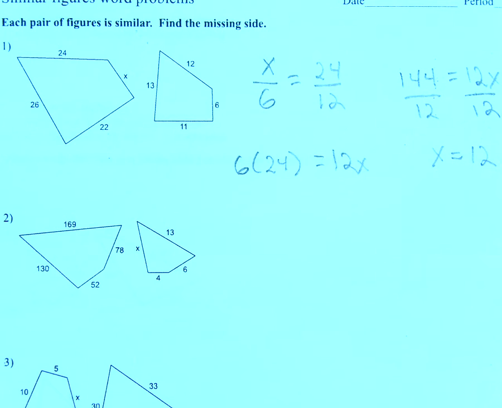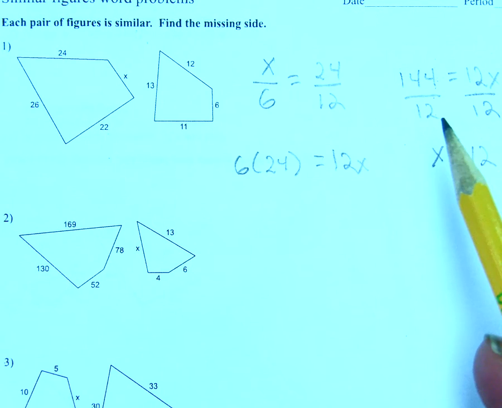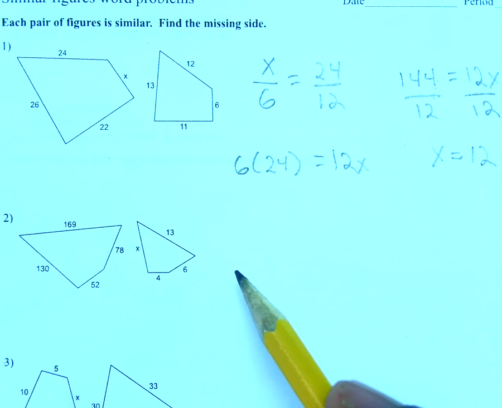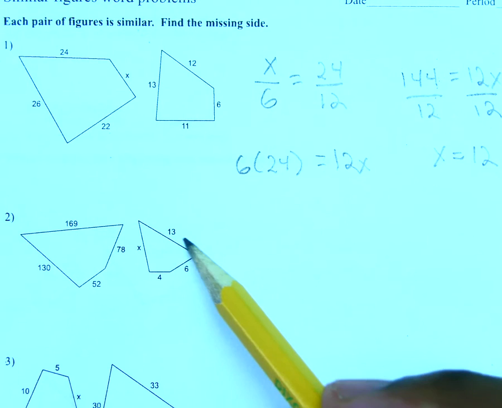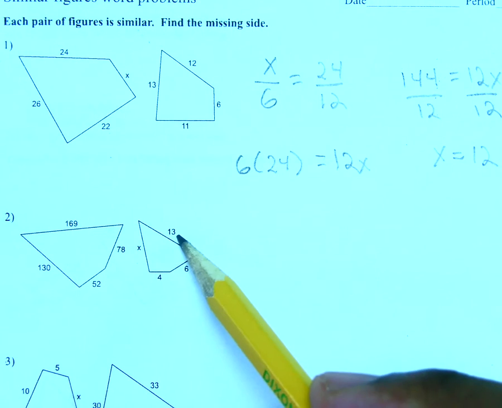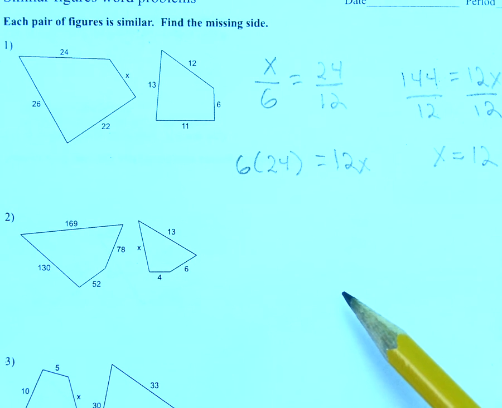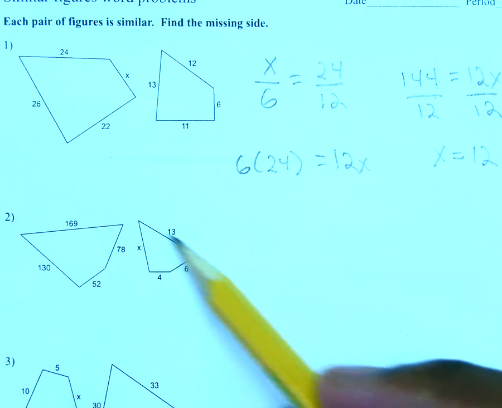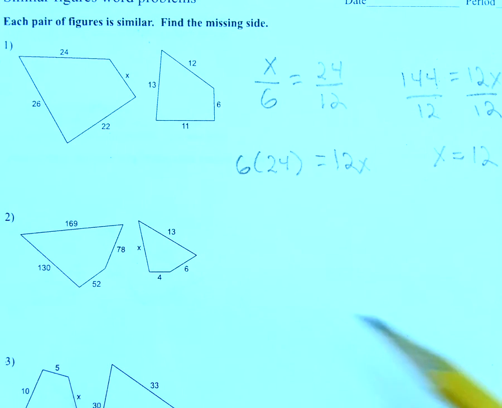Again, we want to match the corresponding piece from the first polygon to the second. This was a little bit trickier. You could tell that if you look at the x and the 13, it's on these two longer pieces. But the 13 most likely is longer than the unknown x here.